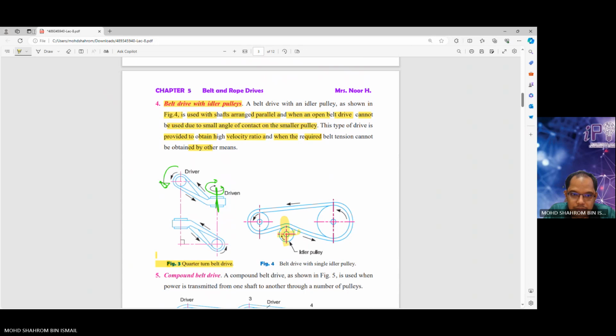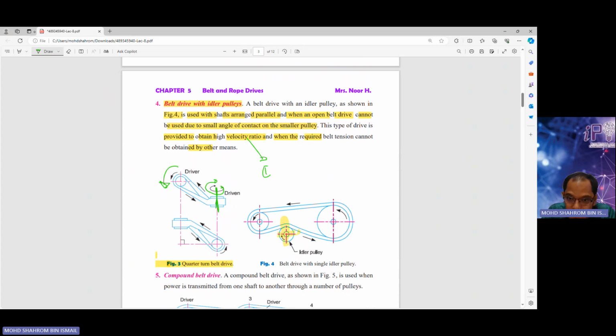Okay. So more or less it's stated here that this type of drive provides a high velocity ratio, number 1, and is used when the required belt tension cannot be obtained by another means. Clearly for the application, you've got a pulley here, and maybe this one is the driver and this one is being driven.